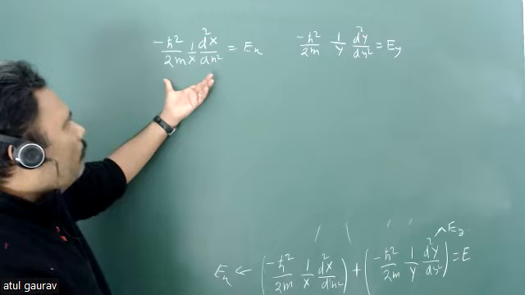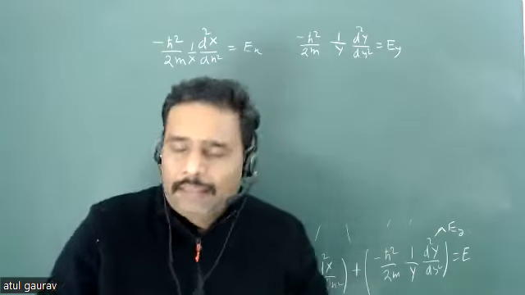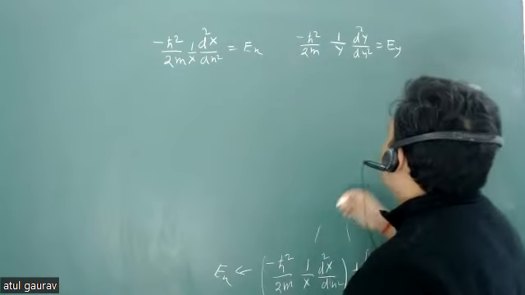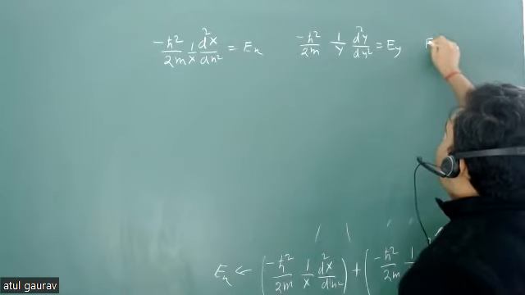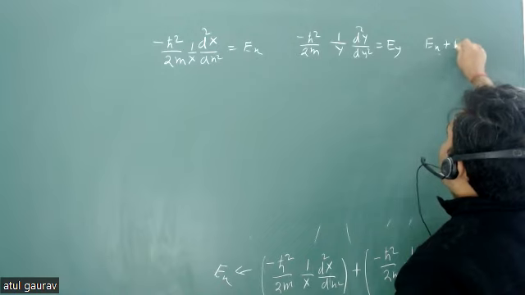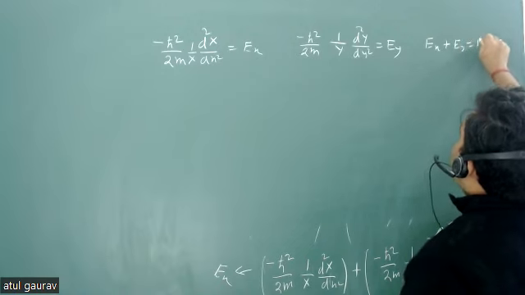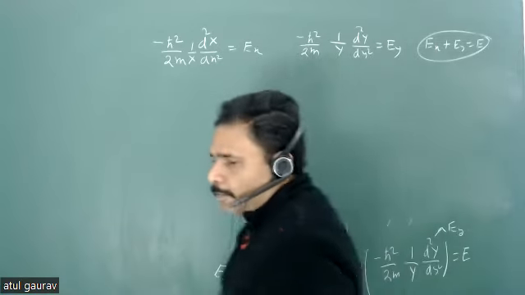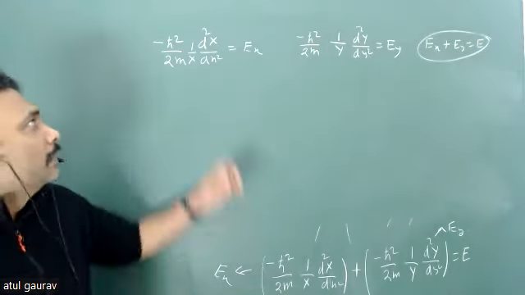I will just solve once, and according to the first solution I can give the solution of the second one also. And the beautiful part is that Ex plus Ey is equal to the total energy E. So let's try to solve this equation.